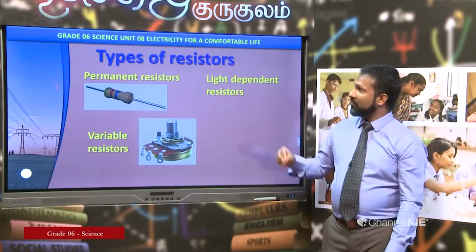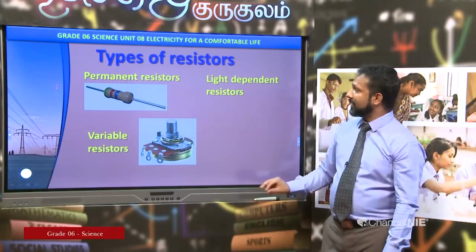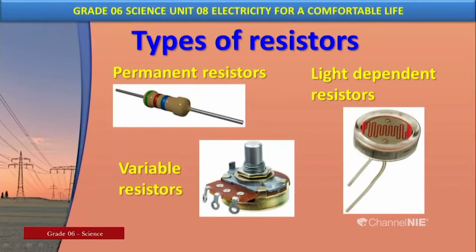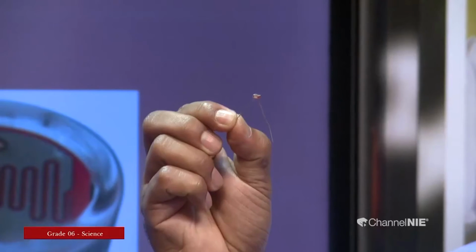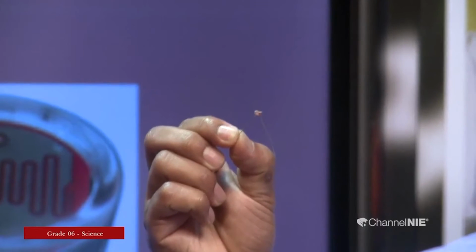The third type of resistor, we call it a light dependent resistor. This is the picture of a light dependent resistor. I am going to show you a real example of a light dependent resistor. This is a real example of a light dependent resistor.